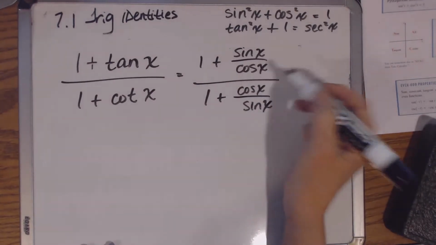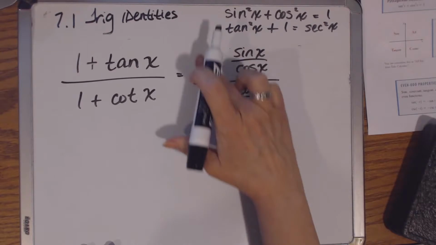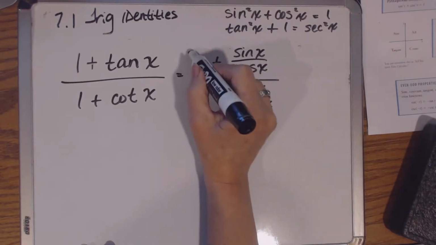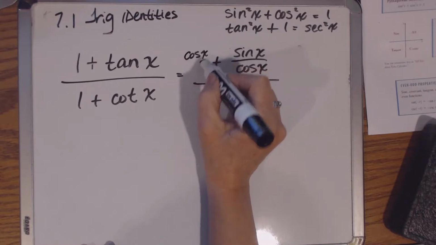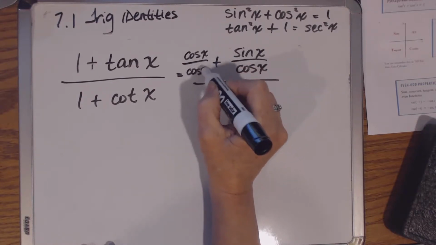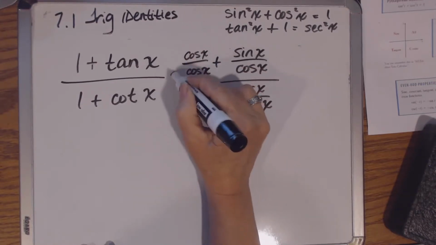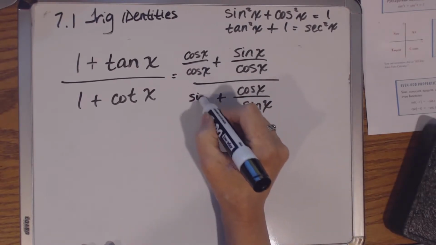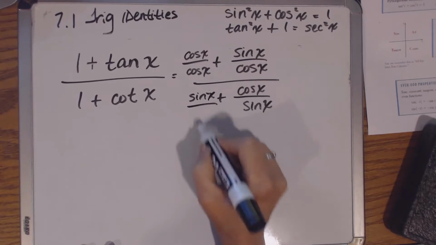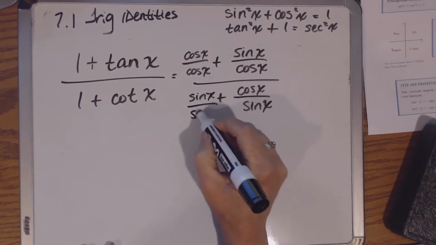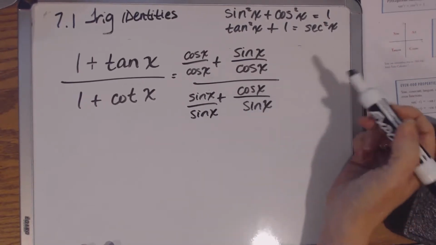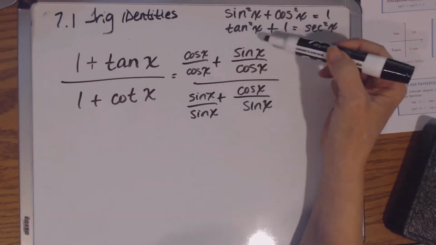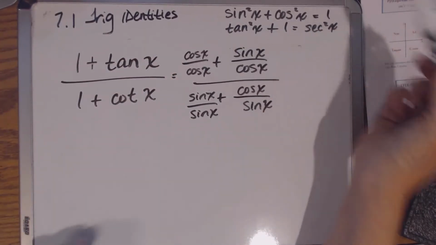And now I'm going to use that little property I mentioned about 1's being very nice, because I could express 1 as cosine of x over cosine of x, and I could express this one as sine of x over sine of x. Okay, so all I've done is replace my 1's with a form of 1 that allows me to combine these two fractions.